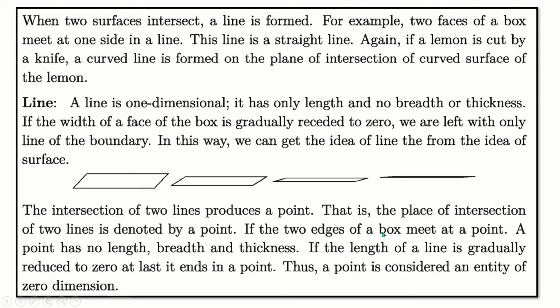If two edges of a box meet at a point, it has no length, breadth or thickness. If the length of a line is gradually reduced to zero, at last it ends in a point.